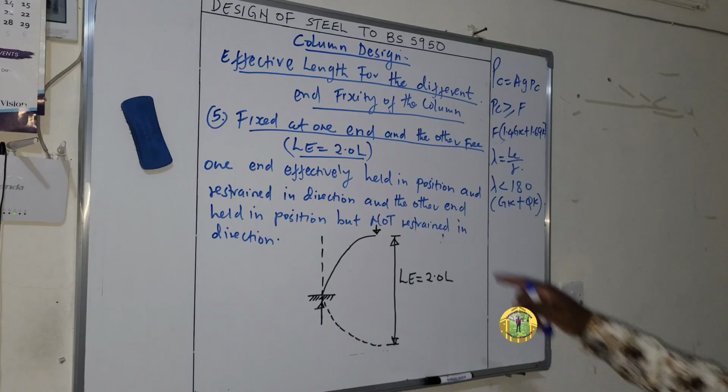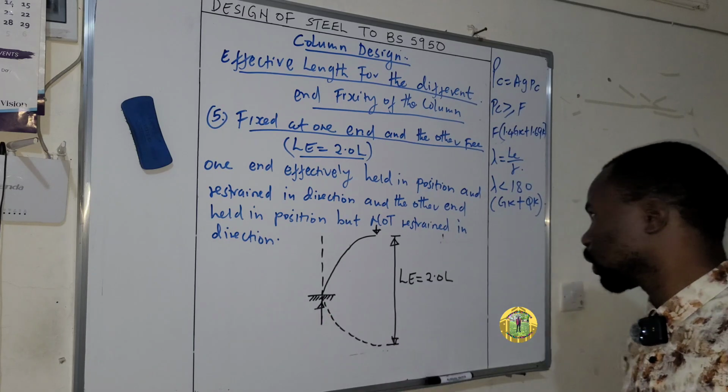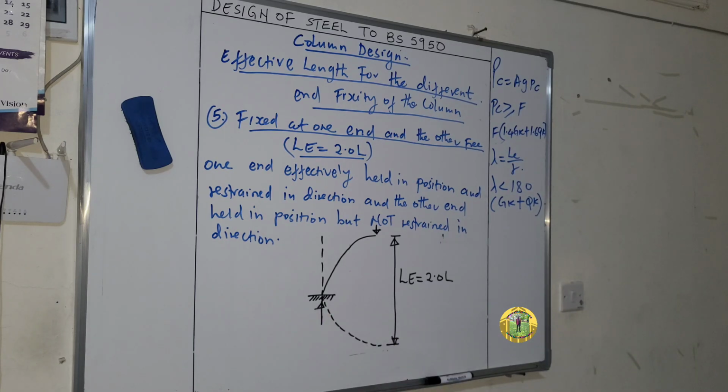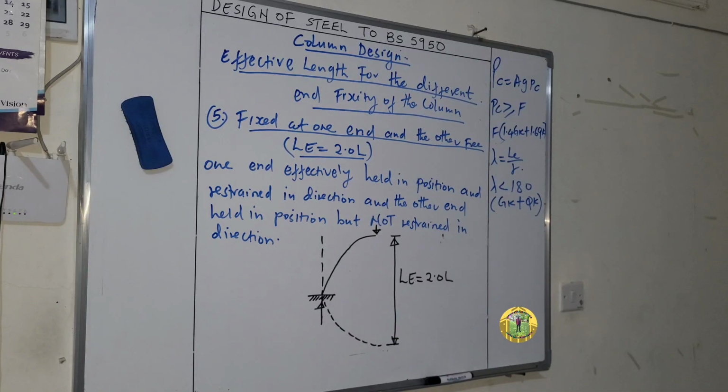So the effective length is equal to 2.0 L. So one end effectively held in position and restrained in direction, this one, and the other end held in position but not restrained in direction. So LE is equal to 2.0 L. So that is all about the end fixity of different types of column.